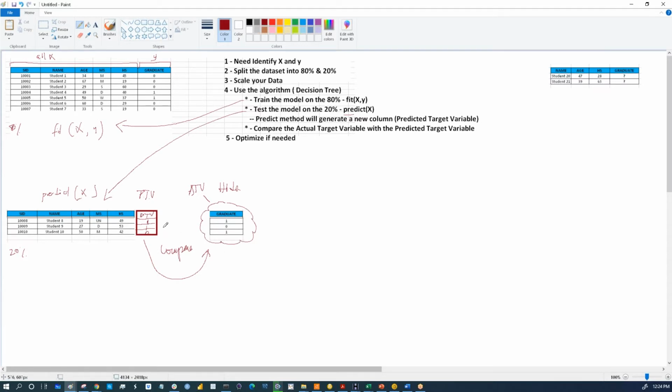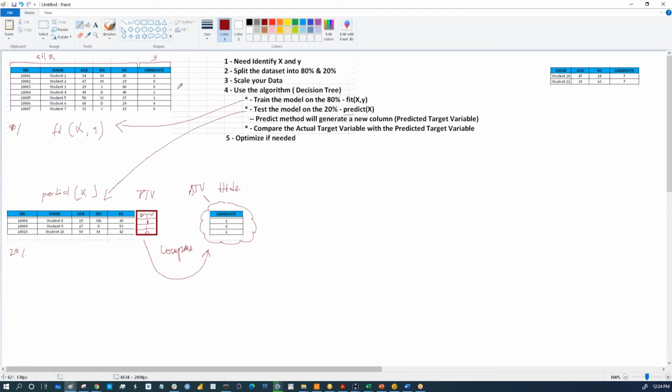The closer they are, the better the model that we learned at 80% is. The more dissimilar they are, distance-wise, the worse the model that we built is.